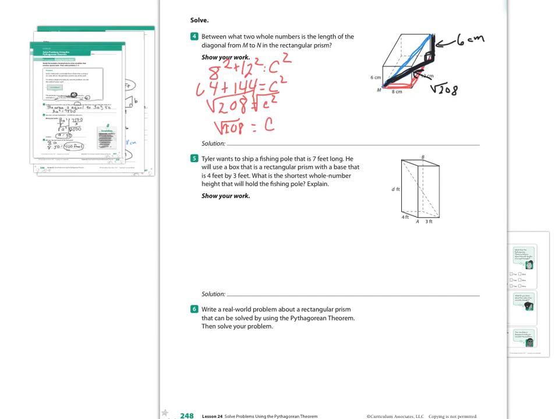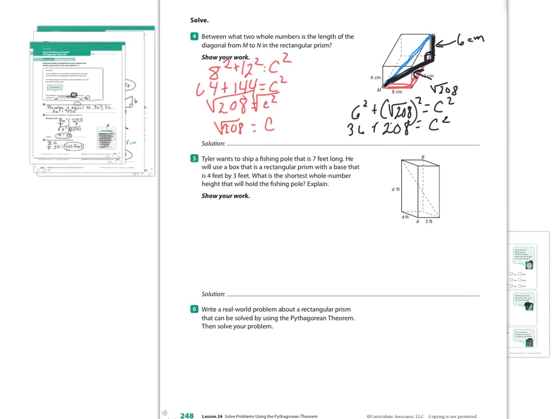Using the Pythagorean theorem, 6 squared plus the square root of 208 squared. Those are the two legs of the triangle, equal to the diagonal, and I'm going to again call that c squared. That's the hypotenuse, the blue line there. Evaluating this expression, 36, and the square root of 208 squared is 208.